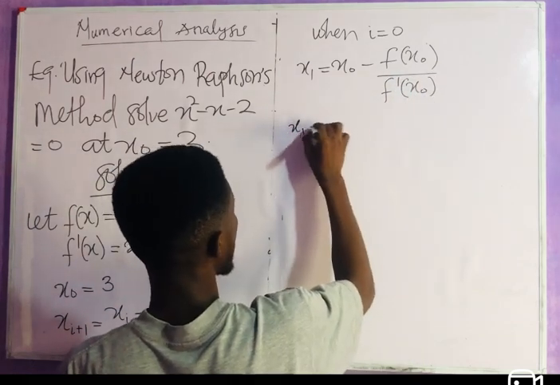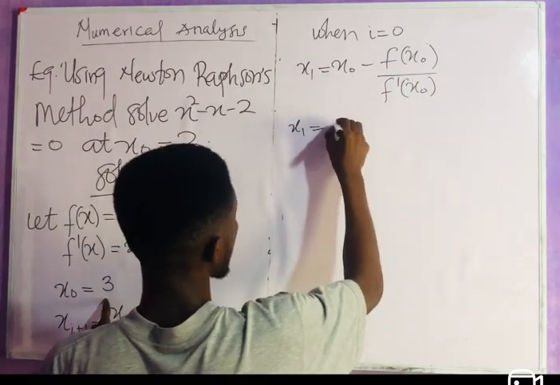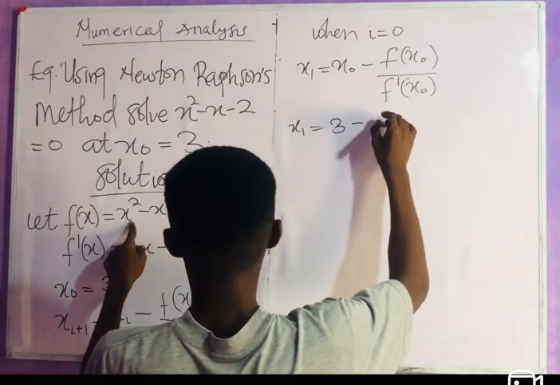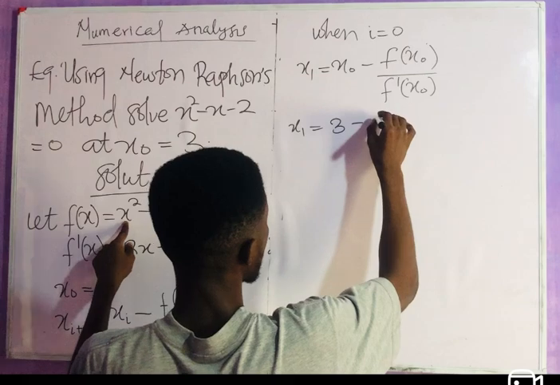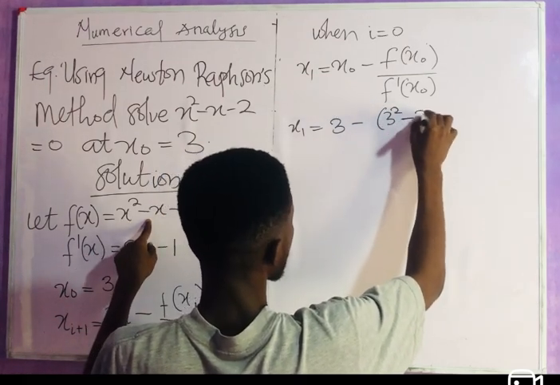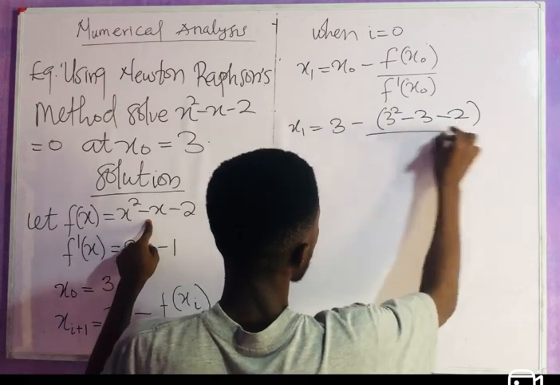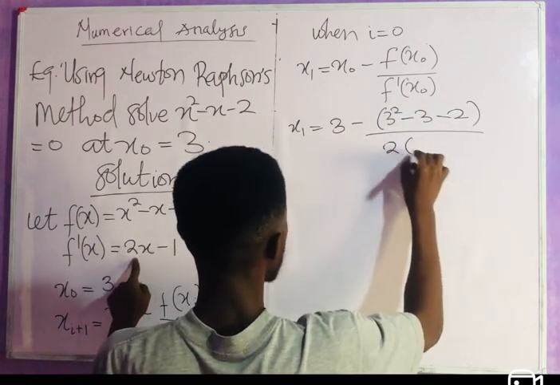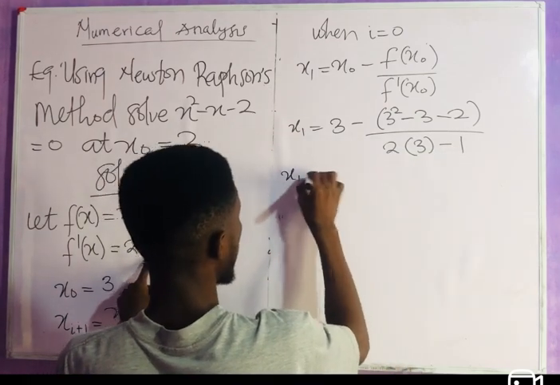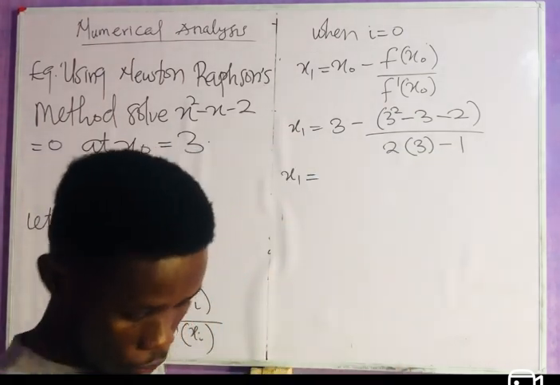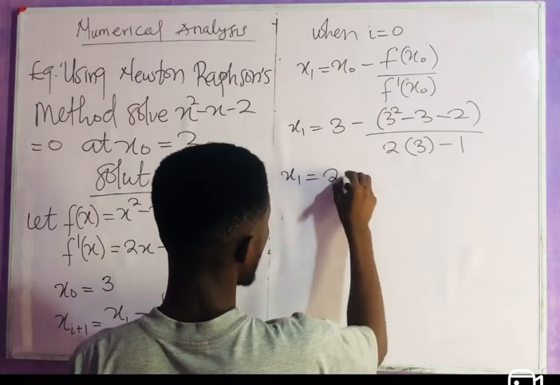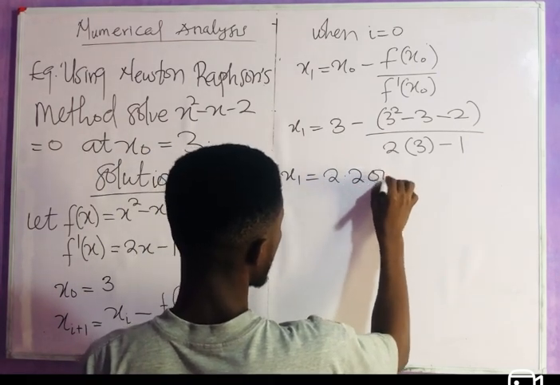So x naught was given as 3, minus f of x, we have x squared, but the x naught is 3, that would be 3 squared minus 3 minus 2, all divided by 2 brackets open 3 minus 1. So my x1 is equal to 2.200.